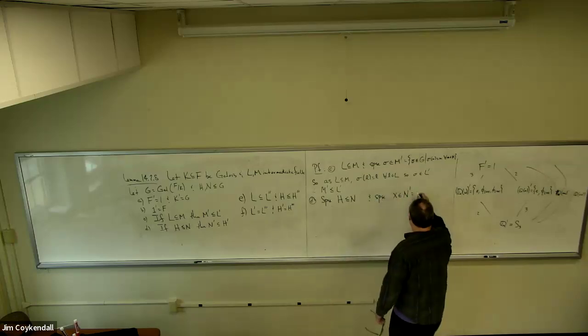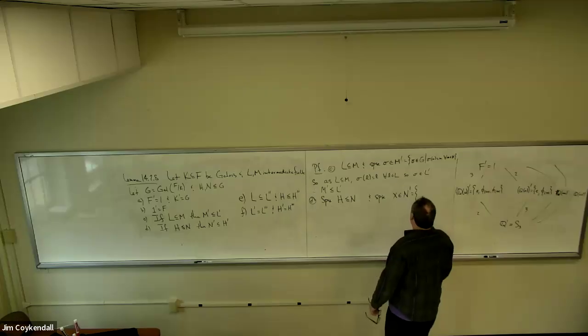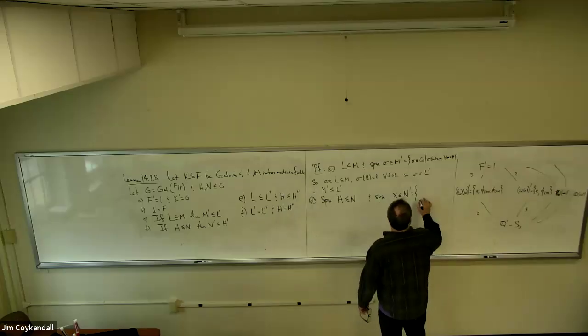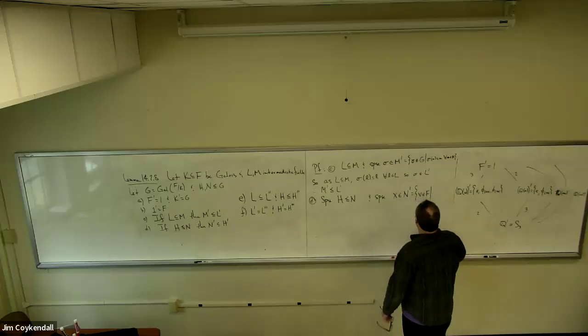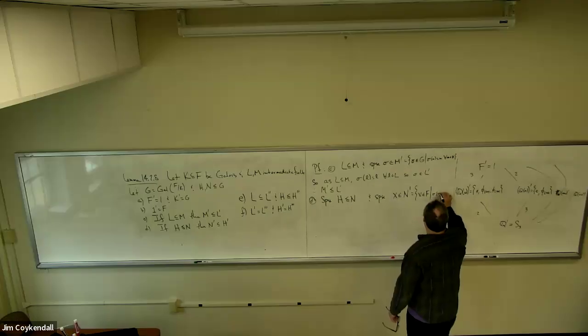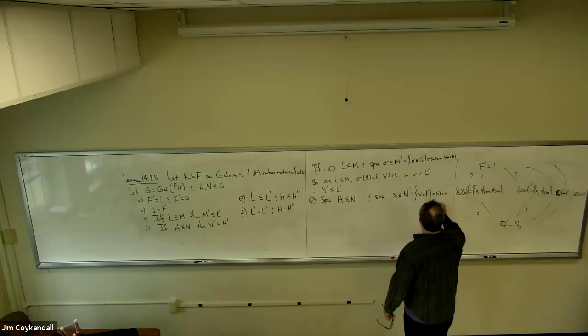And of course, again, what does this mean here? N prime is the set of v in F such that sigma of v equals v for all sigma in N.